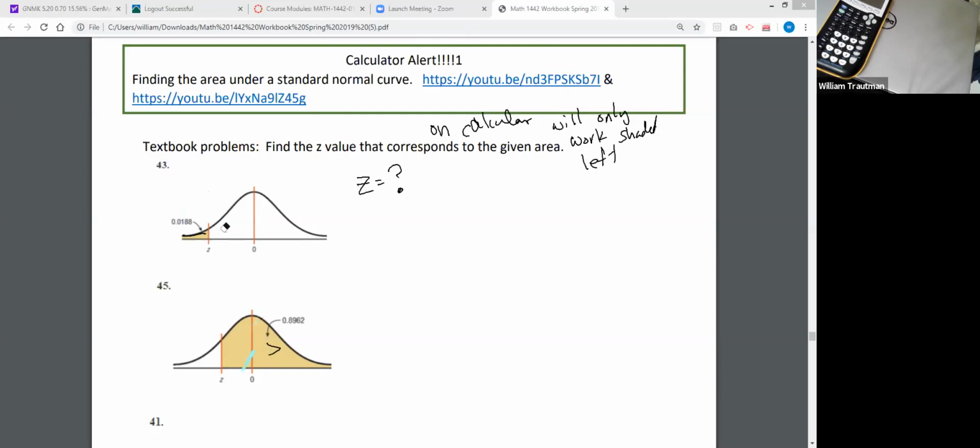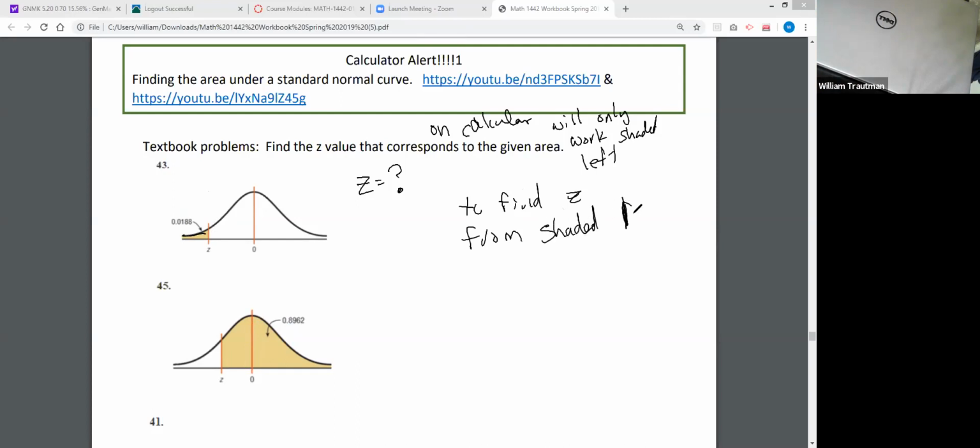Let me verify this: second vars, number 3. So to find z from shading, shaded left: second vars, number 3, inverse normal.